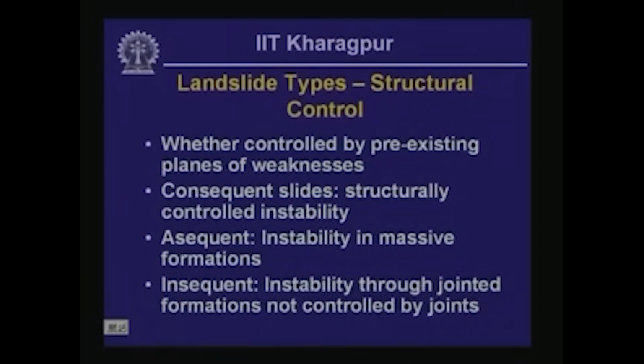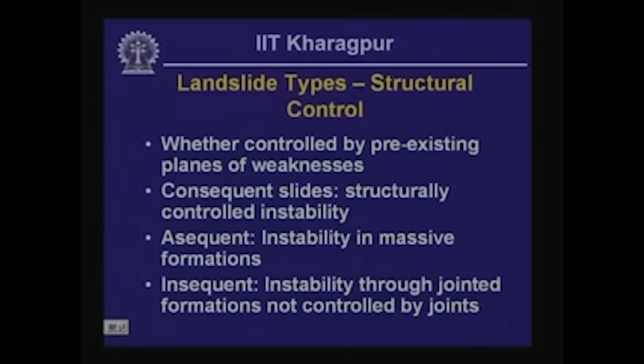Now there are three types here. One is called consequent landslide. Here the landslide is structurally controlled, or the landslide could be asequent or insequent.